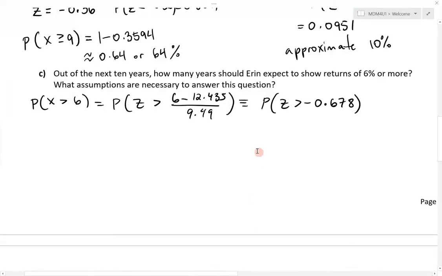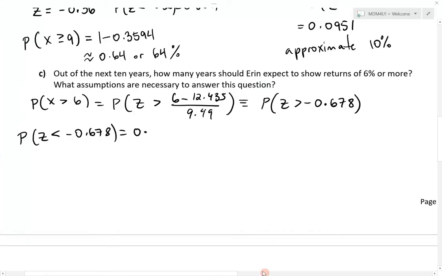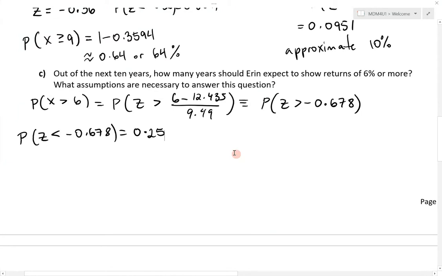If I write that down here, the probability that z is less than negative 0.678 is equal to 0.25.